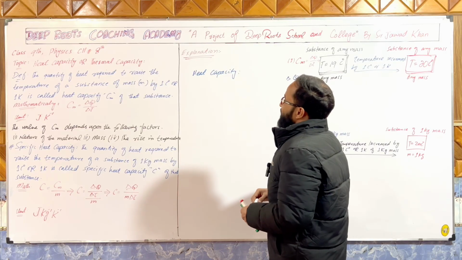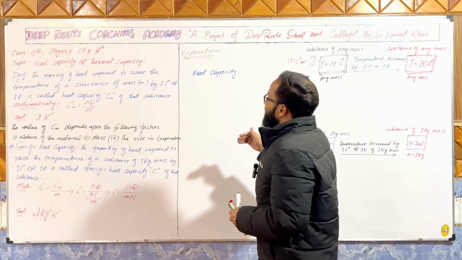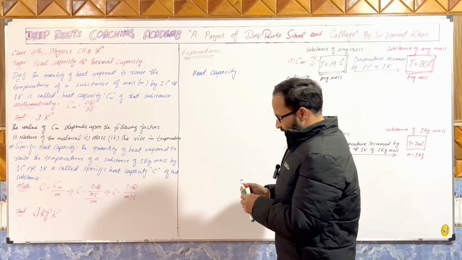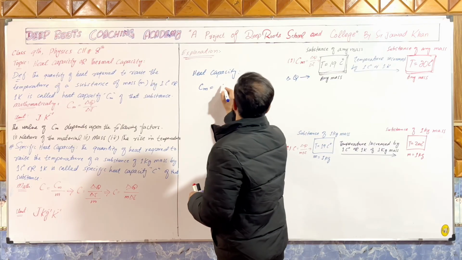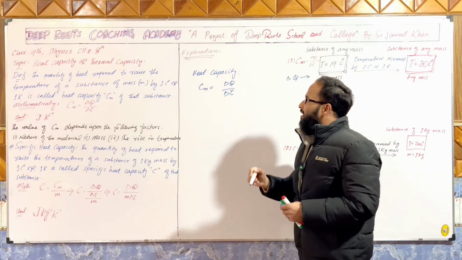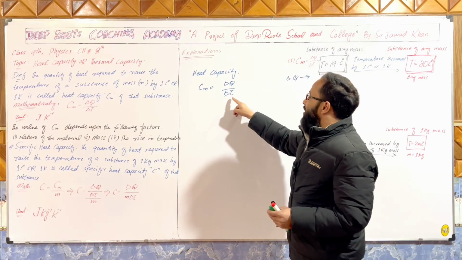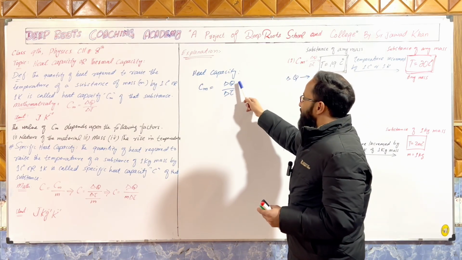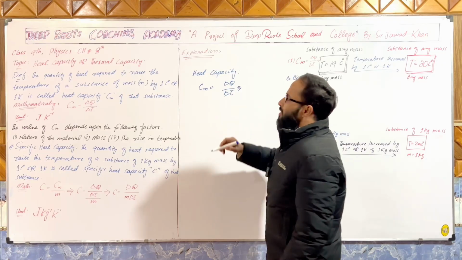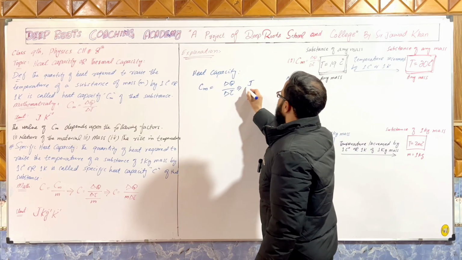So we say that for any mass of any object, the heat required to increase the temperature by 1 degree centigrade or 1 Kelvin is called heat capacity, and that heat capacity is represented by Cm and is given by del Q divided by del T. So it may also be defined as the ratio of change in heat to change in temperature, and the unit may be formed from here, as the unit of heat is joule and the unit of temperature is Kelvin.